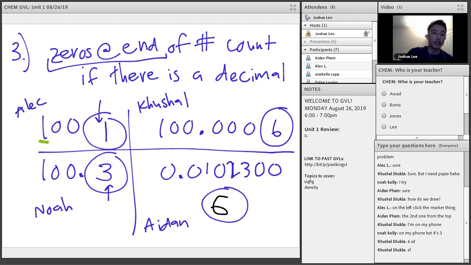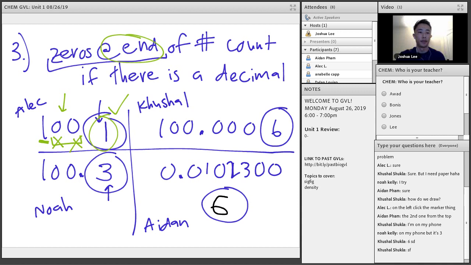And then if you look at these two zeros at the end, will the zeros count? Zeros at the end of a number count if there's a decimal, and if we look at this number, we don't see a decimal. So that means these zeros do not count. That's why the sig fig count is 1.